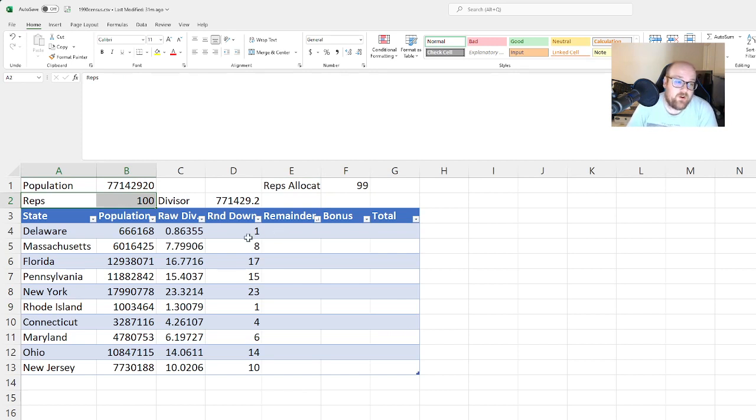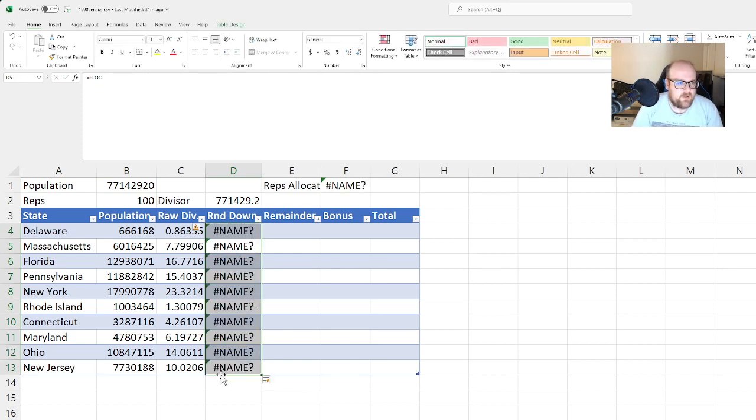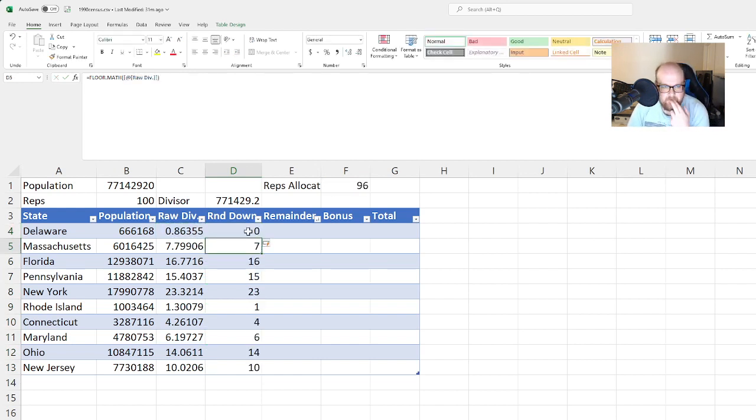So in this case, instead of rounding every state to the nearest number, we're going to round every state down. Yes, even poor Delaware, who didn't really get a representative in this way, we're going to round them down.